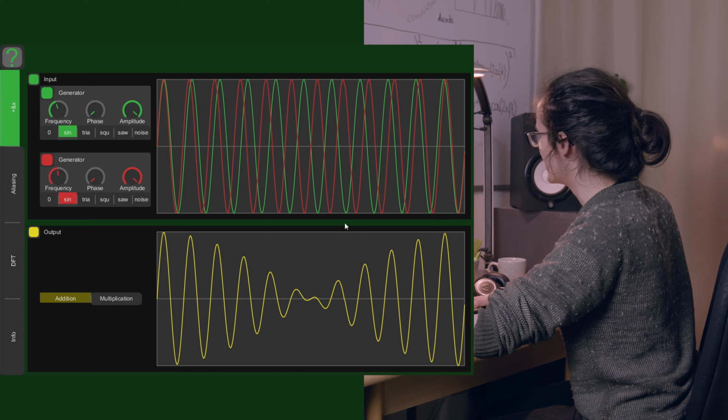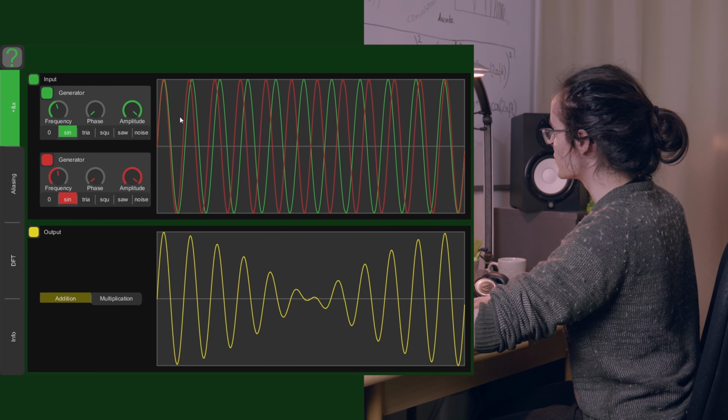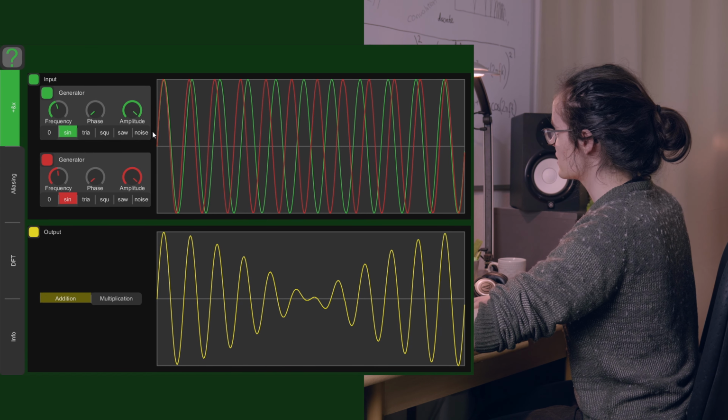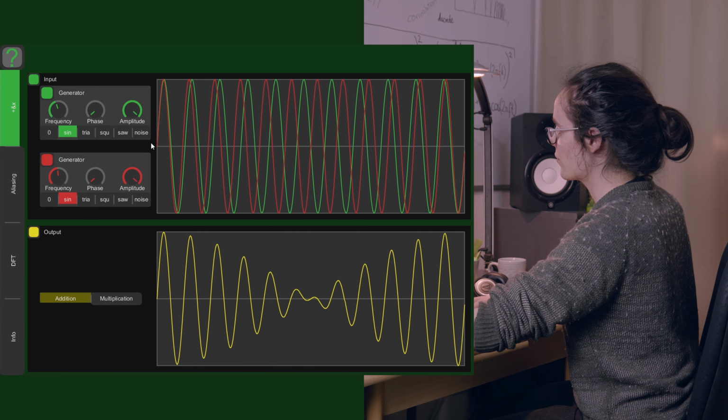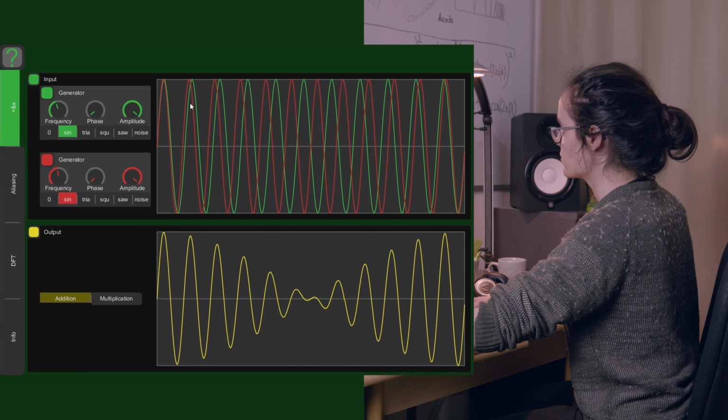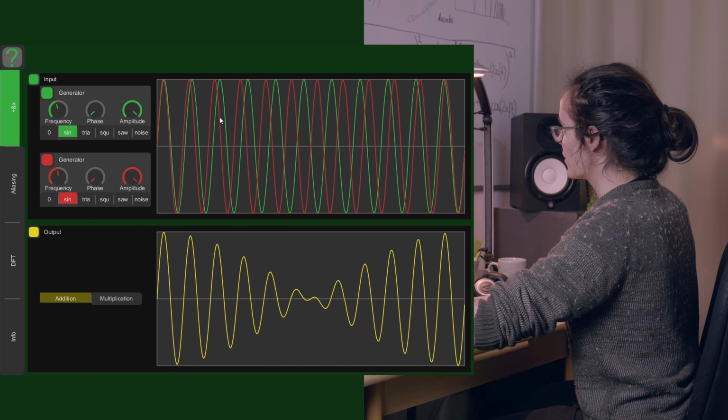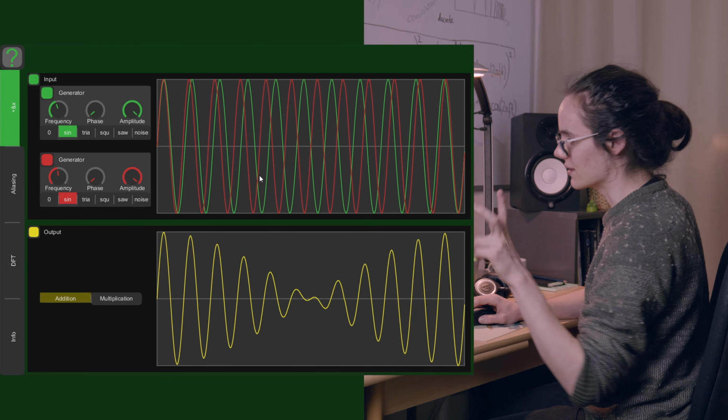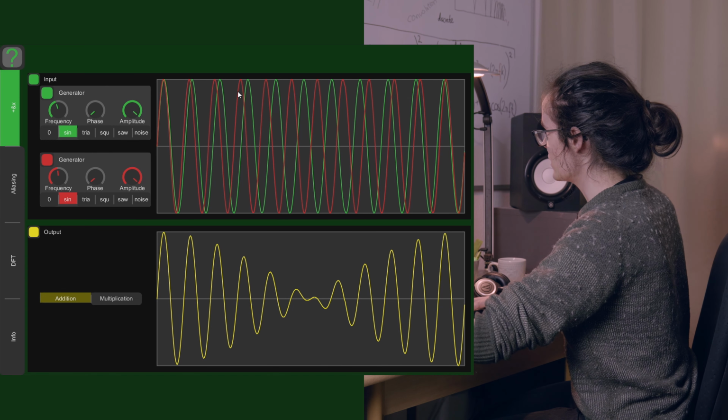Why does this happen? Well, let's look at what happens in the input section. First of all, both signals are perfectly in phase. They start perfectly in phase, and right here they have a constructive interference, right? And then the red signal is much faster, quote unquote, than the green signal.